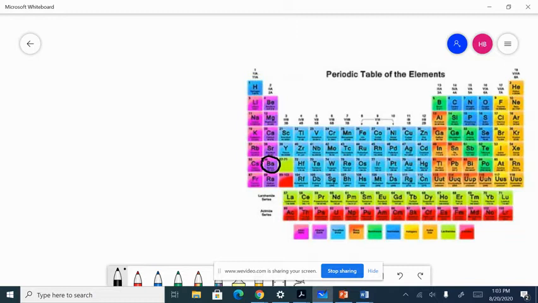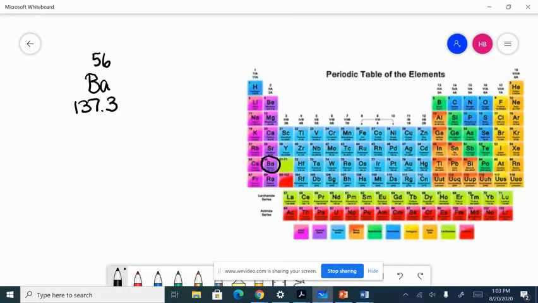I'm going to find barium on the periodic table of the elements, and I'm going to see that it says 56 on the top. That 56 tells us the number of protons. And then it says 137.3 underneath it.